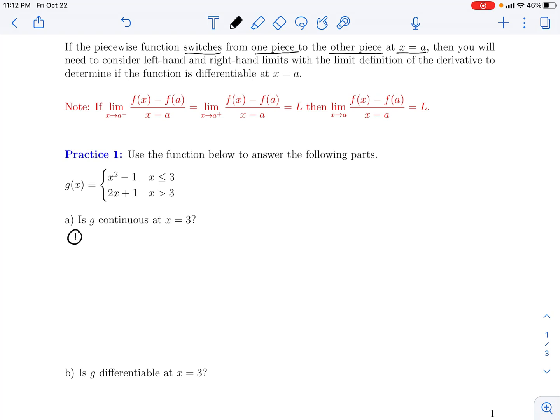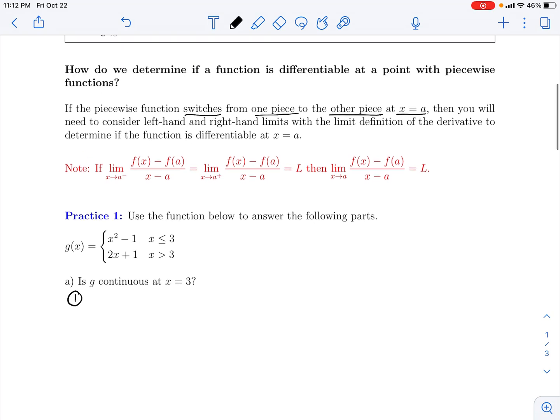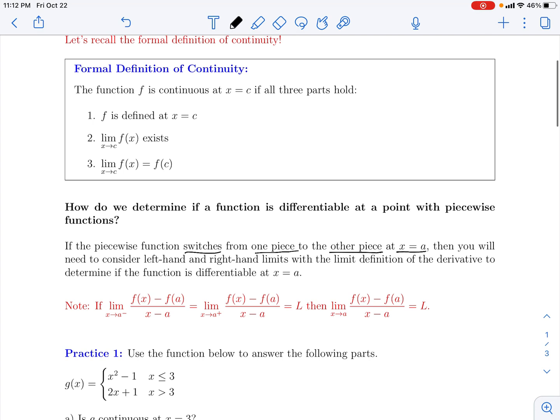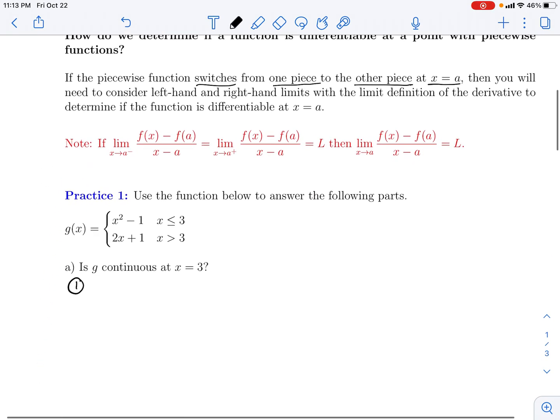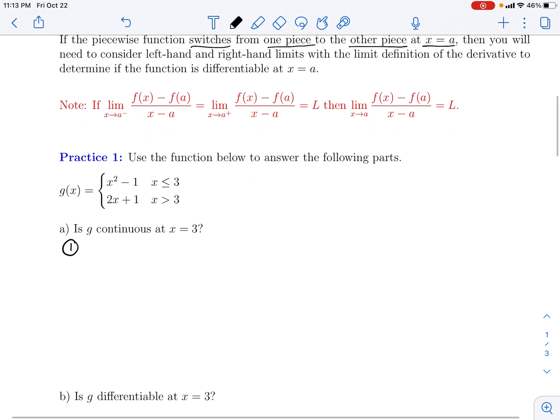So the first step in figuring out if this is continuous, and this is why I recalled this to you just in case we have forgotten, is in step 1: we need to make sure that f is defined at x equals 3. In other words, f of c must be a number. When I plug in 3 into the function, I need to make sure I get out a number.